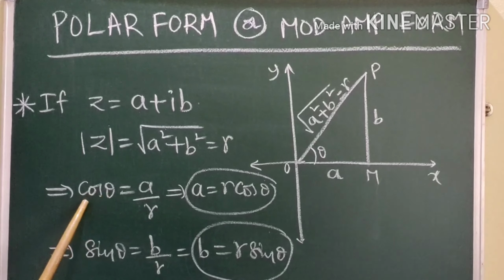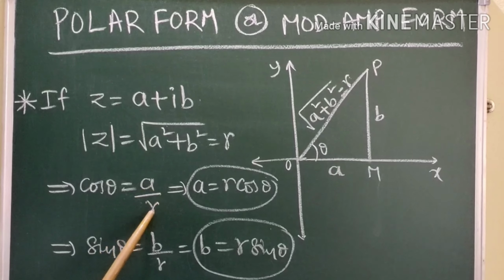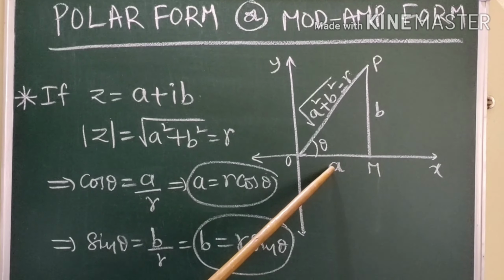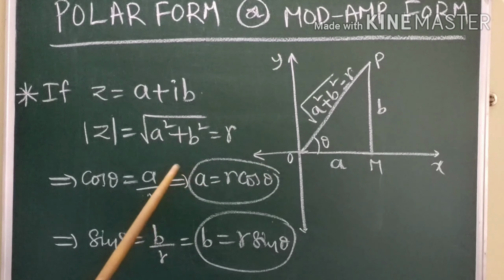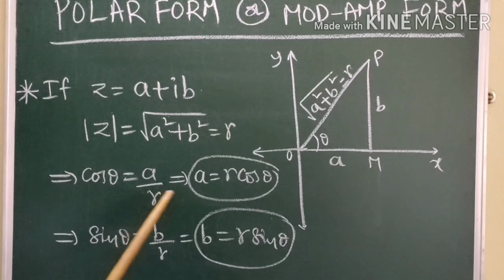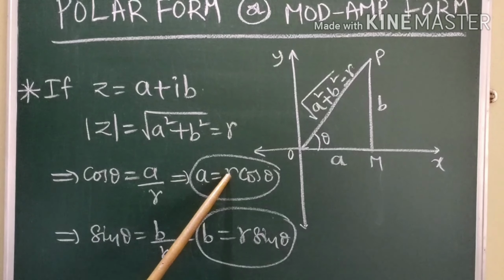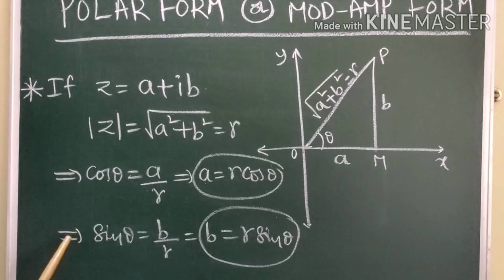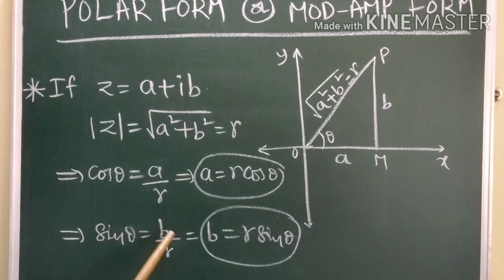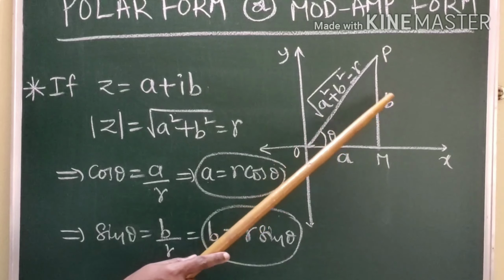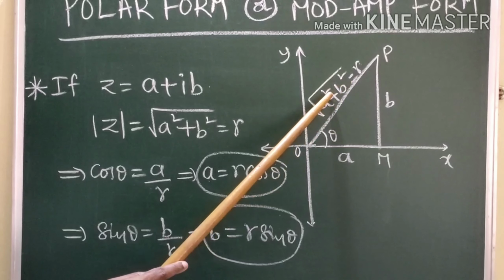Now cos theta is equal to a by r, that means adjacent side by hypotenuse. By cross multiplication, a is equal to r cos theta, and sin theta is equal to b by r, that is opposite side by hypotenuse.